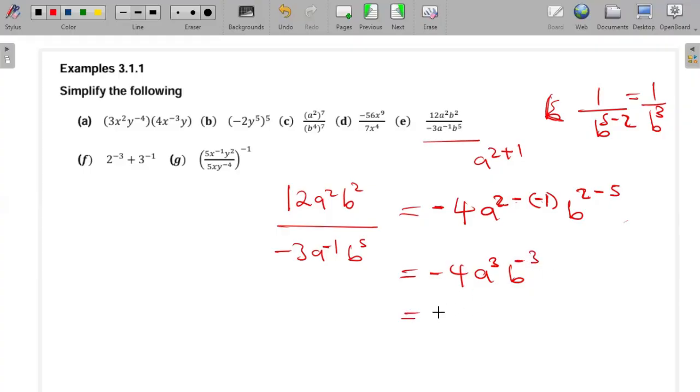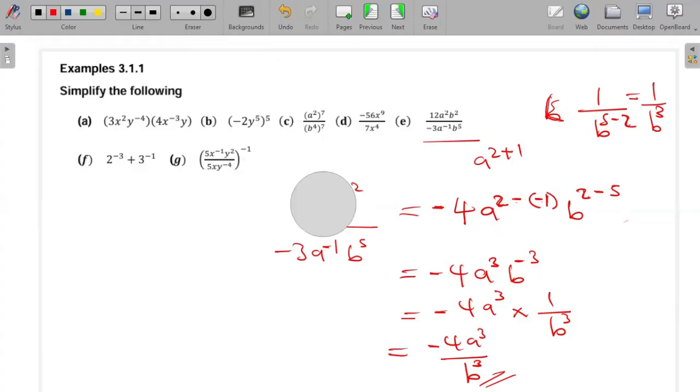And this here is going to be negative 4, a to the power 3 like that. Then this here I can write, so multiplied by 1 over b to the power 3. And this here just gives us negative 4a to the power 3 divided by 3b there in the denominator. So I'll have this as my answer.